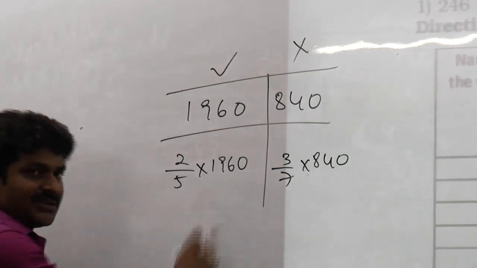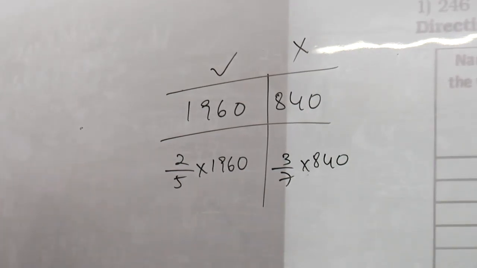1960, this is 40 less than 2000. 2 times will be 80 less than 4000.